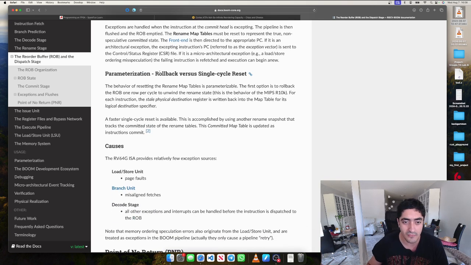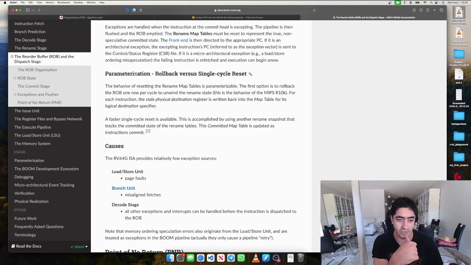Parameterization: rollback versus single cycle reset. The behavior of resetting the rename map table is parameterizable. The first option is to roll back the ROB one row per cycle to unwind the rename state. This is the behavior of the MIPS R10K.